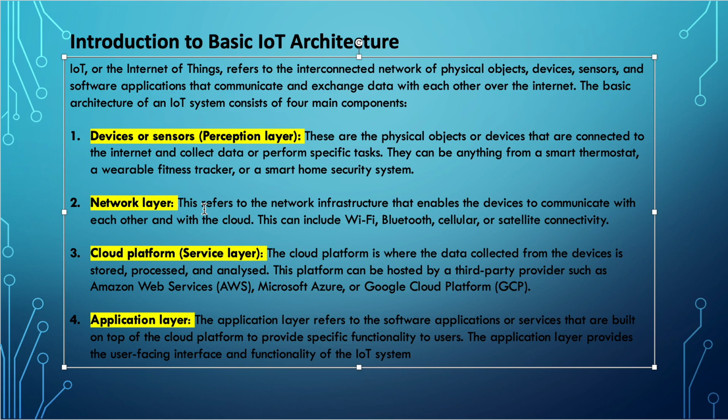Then that should be done through a network. Here a few examples are given in a wireless networking system, but it could be a physical network or a wireless network, depending on the requirement.